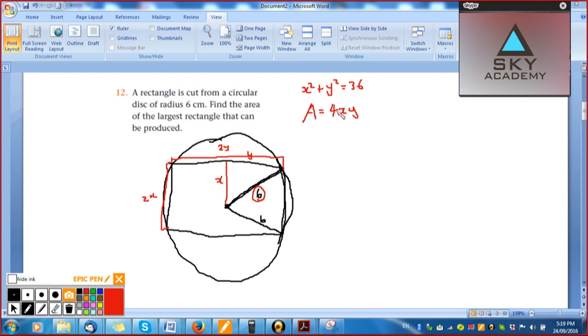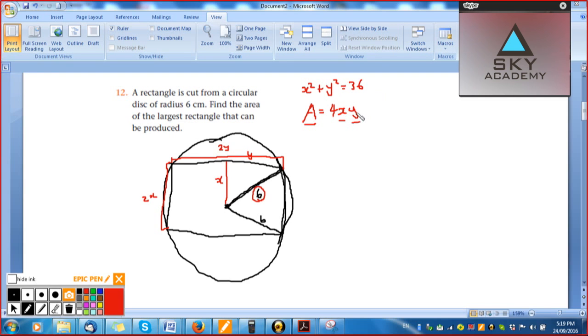Now, in order to differentiate this, we need to go from 3 variables down to 2 variables, one being the independent variable, the other being the dependent variable. We're going to have to get rid of one of x and y.